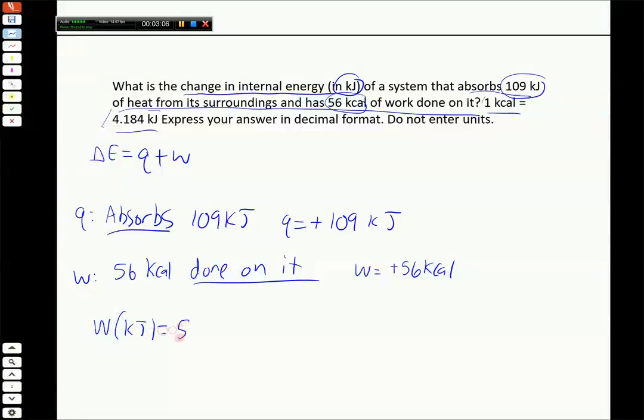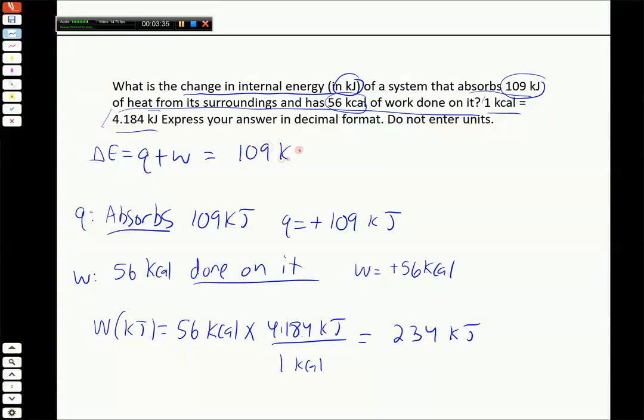We have 56 kilocalories, and then we're told that the conversion is 4.184 kilojoules per kilocalorie. So anytime you're adding 2 numbers together, they have to be in the same unit. And so when we multiply this 56 by 4.184, we get 234 kilojoules, and now we can add the 2 together. So we take the 109 kilojoules, which is Q, and it's going to be a positive number because it's absorbing heat.